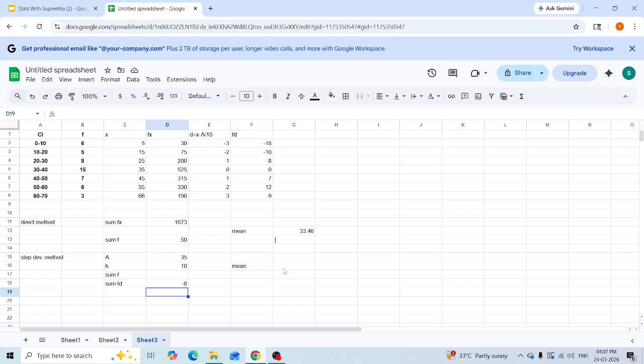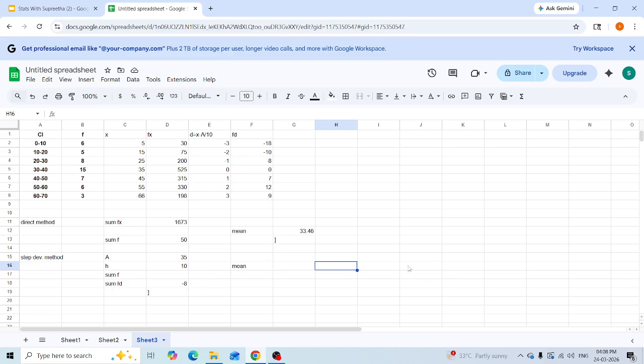Let's find the mean. First, how to find the mean? The formula is a plus sum of fd divided by sum of f, into h. Let's calculate. First let's calculate for fd.